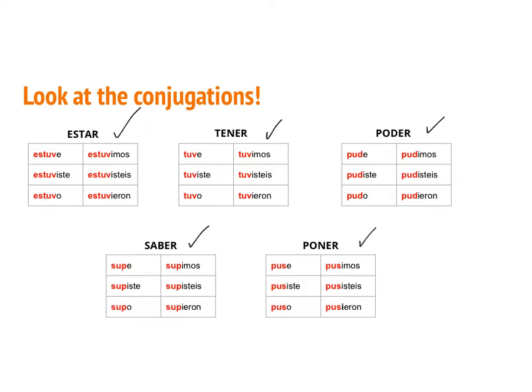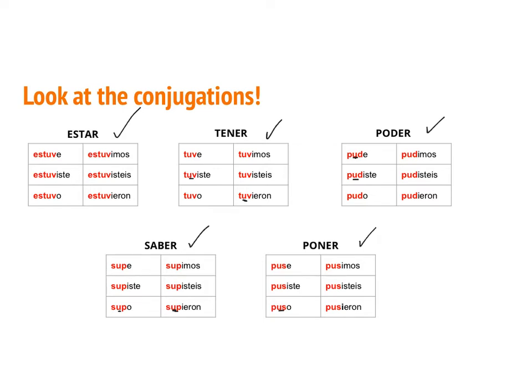I'm helping you here with some color coding. Did you get it? Well, if you look at these verbs, the red part, that's the stem of the verb, and the stem in all of them has a U. If you look at it, can you see? So that's why this is called the U group.